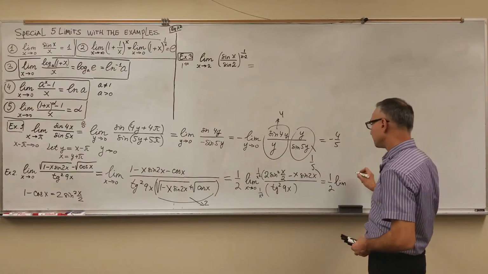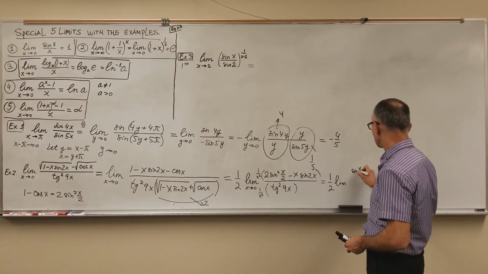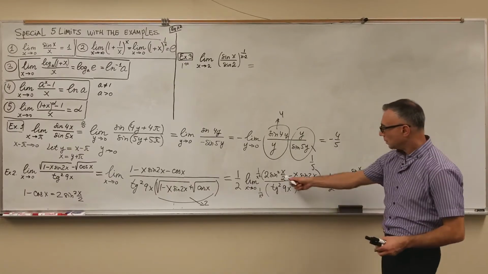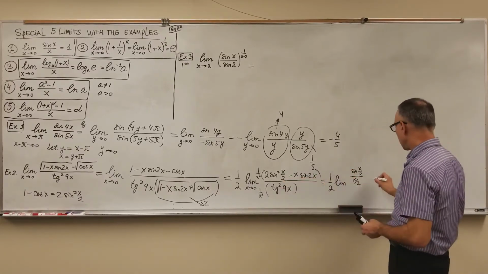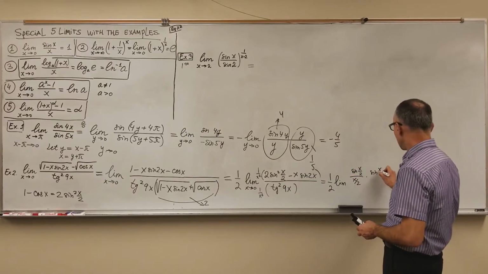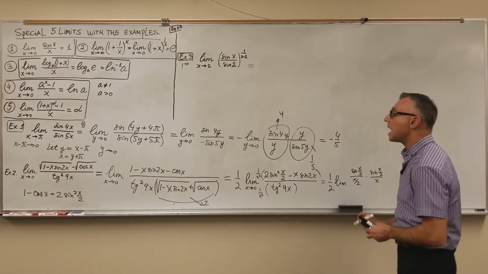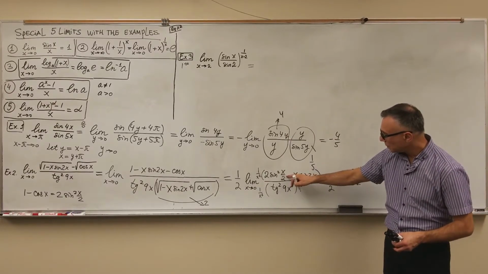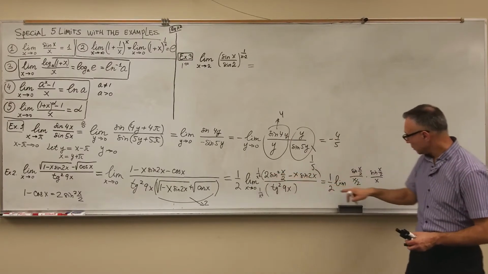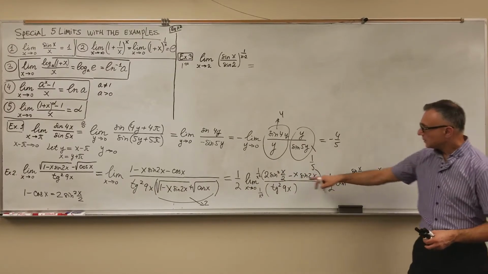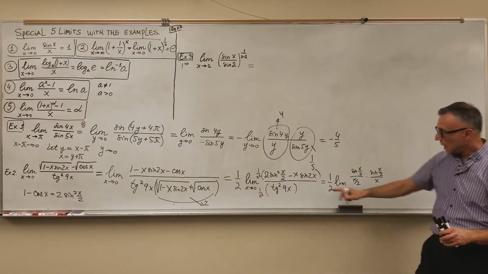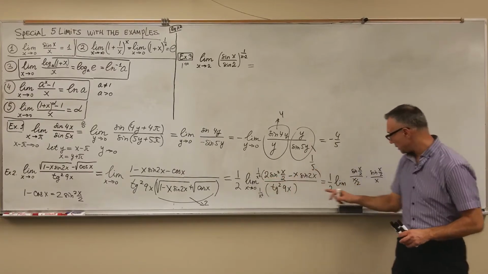Here I have sine x over 2 over x over 2 over x and another x. Another sine x over 2 over x. As you can see, sine x over 2 over x, and this 2 goes down here. Second sine x over 2 over x, no 2. So I just divided by this x squared.